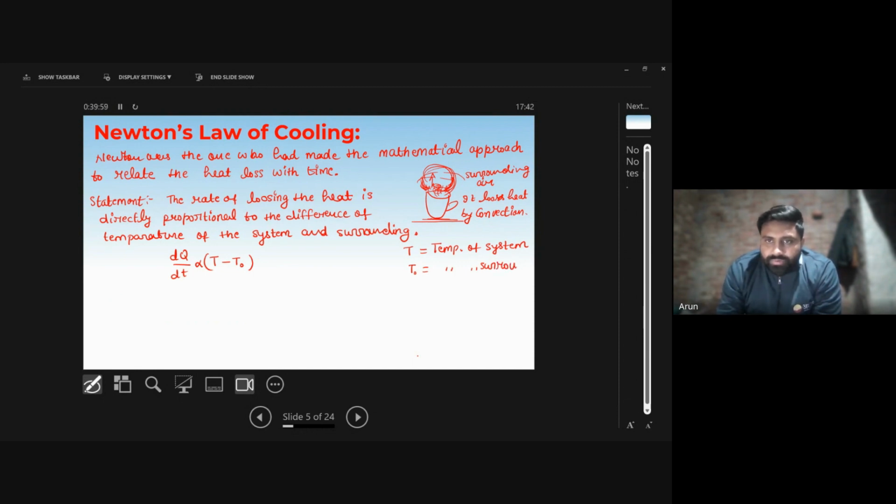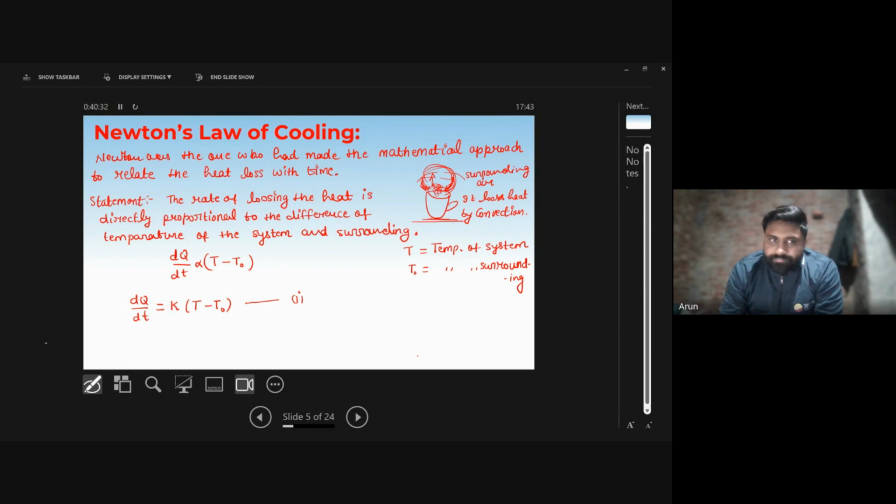Now, if you remove this proportionality sign, dQ/dt equals k(T minus T naught). This k is nothing but a constant and it is not thermal conductivity. Keep in mind, so this is equation number one.